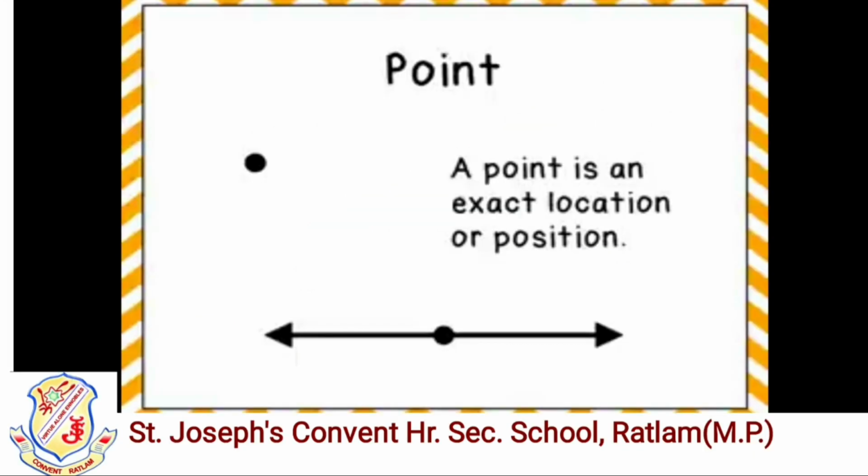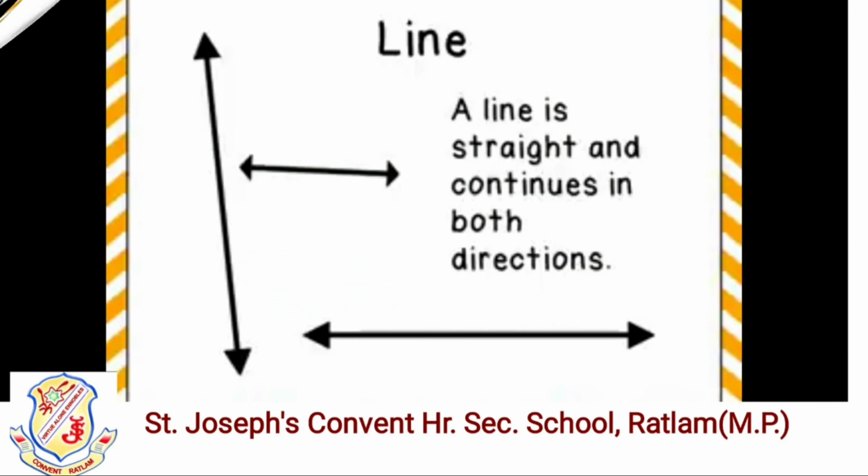So children, what we have seen is that a point is an exact location or position of a particular object. It denotes the definite position of a particular thing. Next, we have seen that when we join these points and continue them in both directions, we get a straight line.